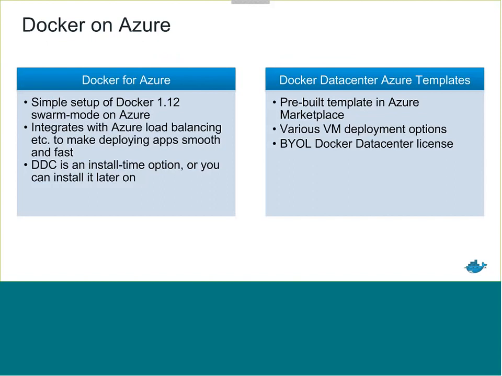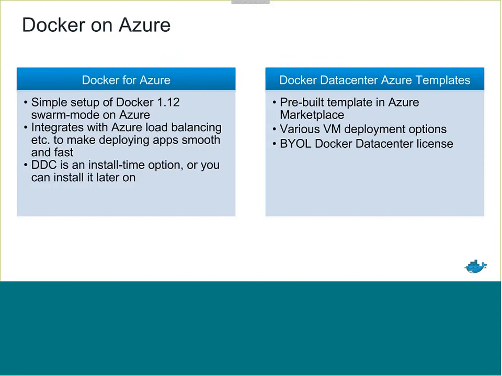Just to zoom out a little bit from the Windows container stuff, if you're a Microsoft technologist, Docker is doing a bunch of other stuff with Microsoft. We're building something called Docker for Azure, which is still in private beta. It's basically a very simple way to set up Docker 1.12 with swarm mode on Azure.